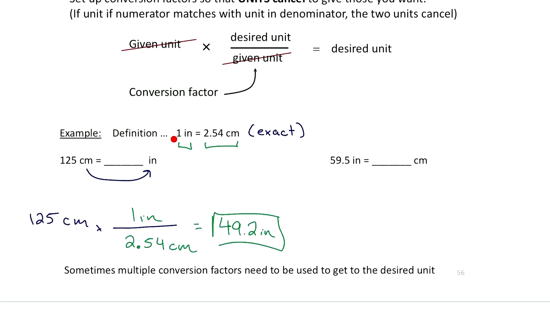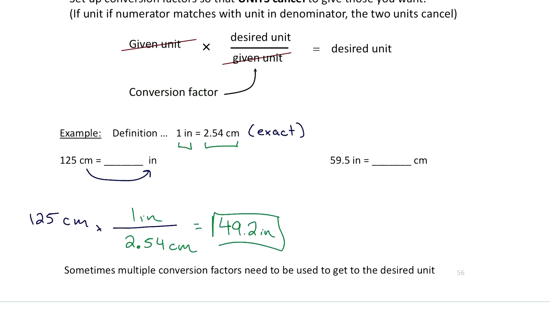Infinity. It looks like there's one sig fig, but it's not. It's exactly one. 1.00000000 inches equals 2.54 centimeters, where that is an exact number as well. So they actually have infinite sig figs. At first glance, you might want to put 1 sig fig for that 1 inch, but it's not. These are infinite.